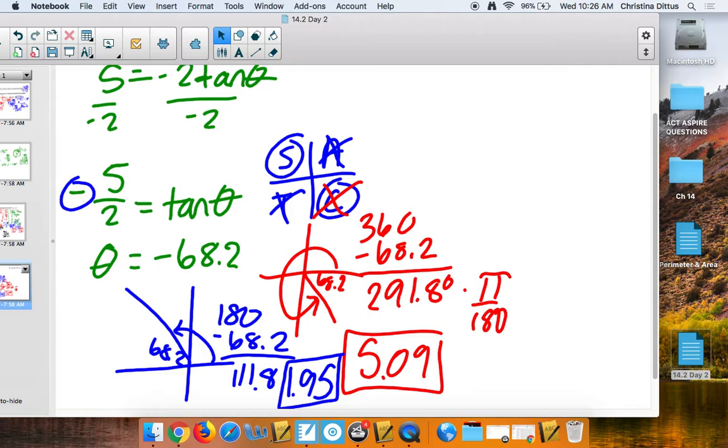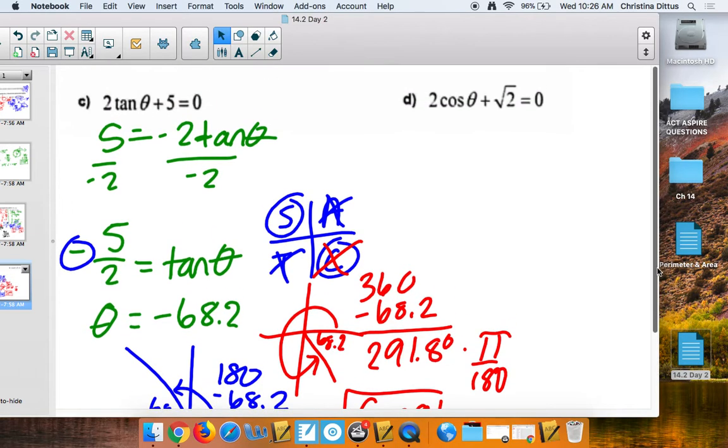Questions here? One more, I think we can do it. Okay. How am I going to solve 2 cosine theta plus square root of 2 is 0? Any way you pick. Minus square root of 2, okay.